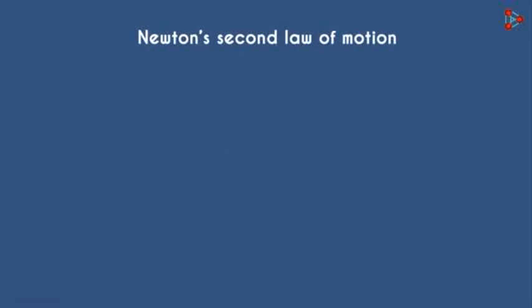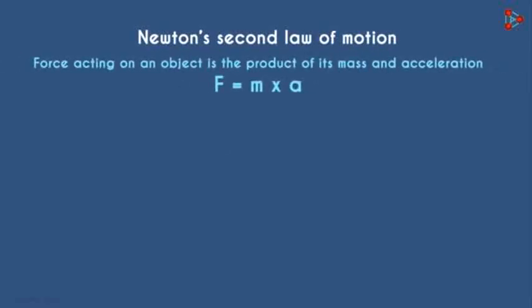How can we understand weight using a formula? We know Newton's second law of motion, which says that the force acting on an object is the product of its mass and acceleration. When it's acceleration due to gravity, we can replace a with a lowercase g. This force due to gravity is nothing but the weight of the object. So if we consider the weight of an object to be uppercase W, we can rewrite this equation as W equals m times g.